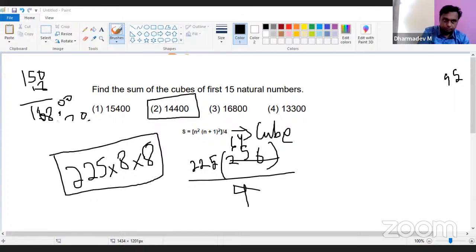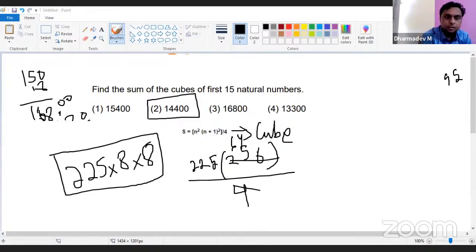So I'll give it for square numbers also. Square number, I think already you have a logic.